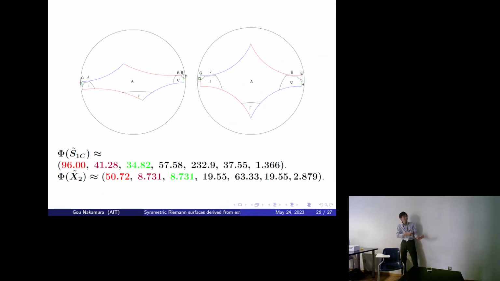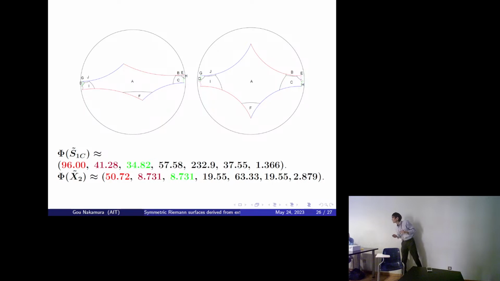This coordinate is determined from this marking. So if we change to another marking, we of course have the same Riemann surface, but another marked Riemann surface. So this is another point in Teichmüller space.